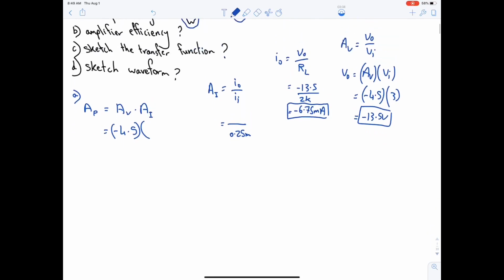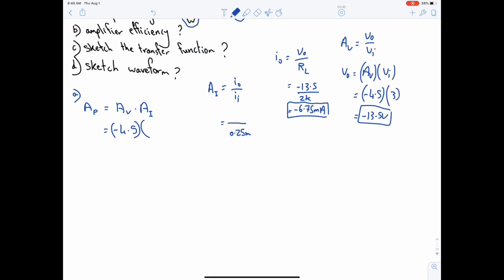After we have found I output, we can find the current gain. I output is minus 6.75 milli, and so the current gain is minus 27 ampere over ampere. The answer is, the power gain is 121.5 watt over watt.